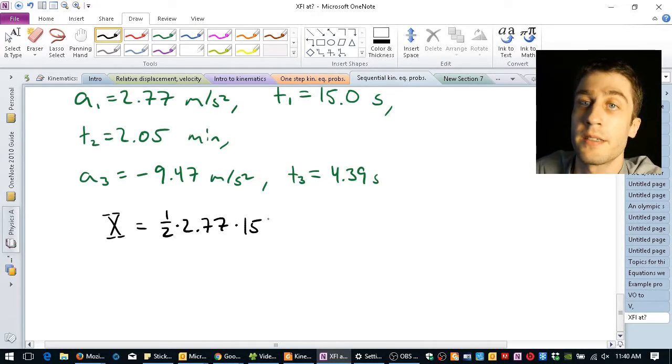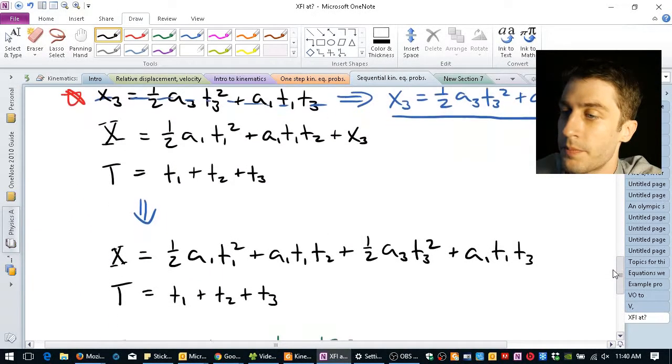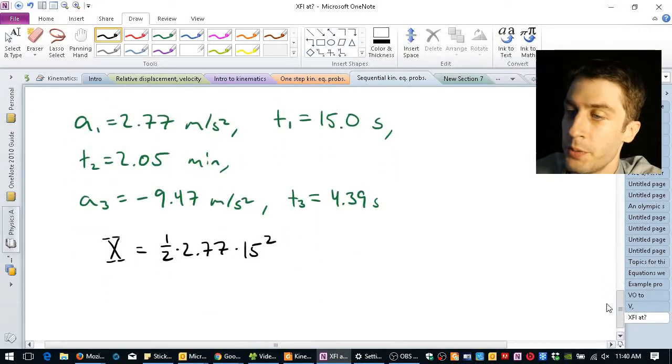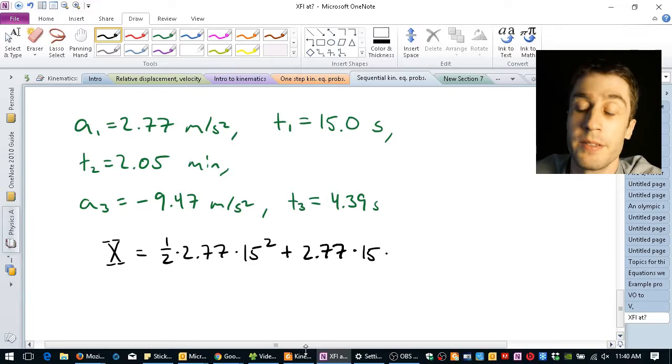And that's in meters per second squared and in seconds, so the units work out. We're going to get it in meters. Plus A1 T1 T2, 2.77 meters per second squared, times T1, which is 15 seconds, times T2.